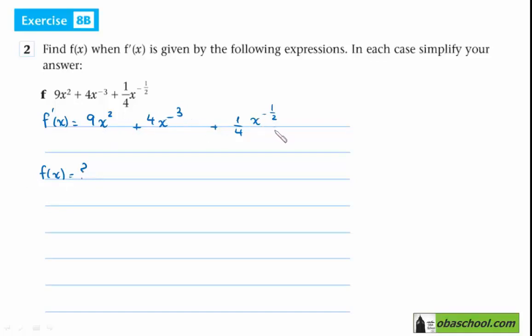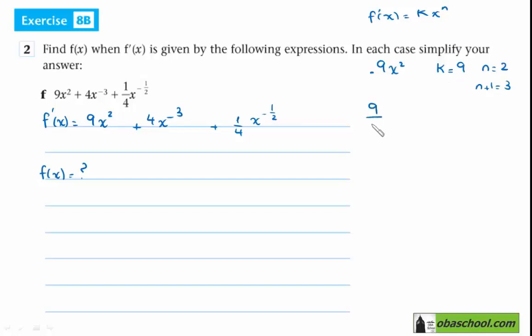As we mentioned previously, to find f of x for the whole expression, we need to find the integration of each term separately. The first term, 9x squared: by comparison, k equals 9 and n equals 2. We compared with f prime of x that we already know equal to k multiplied by x to the power n. Then n plus 1 is equal to 3.